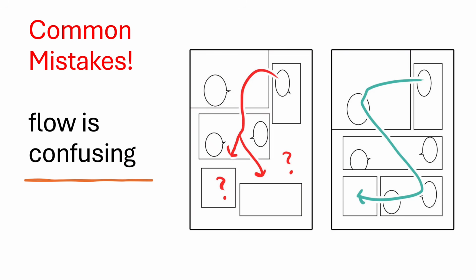Let's talk about some common mistakes and some tips to keep in mind. If your panel arrangement or word bubbles are disorganized, the reader will be confused about where to read next. Follow the basic reading order rules and be mindful of smooth eye guidance. Try to avoid too many awkward breaks in the overall grid pattern. You see here on the left where we have all these breaks and empty space.